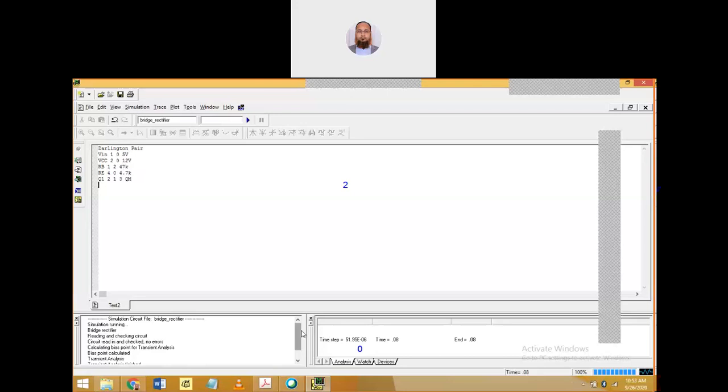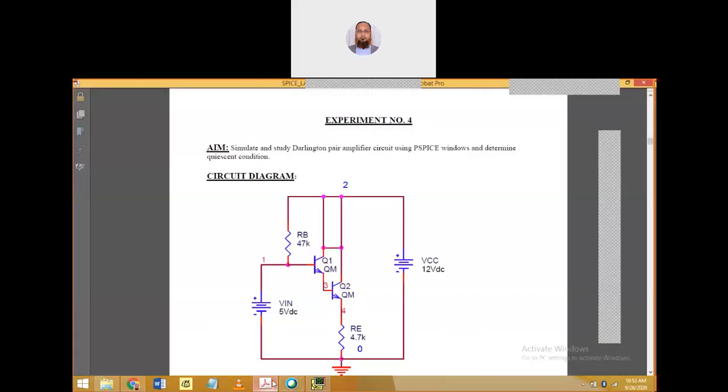You can give some other name also, no problem. Then we have another BJT, let's see what the nodes are. This is Q2: the collector is 2, base is 3, and the emitter is 4. So this is 2, 3, 4.